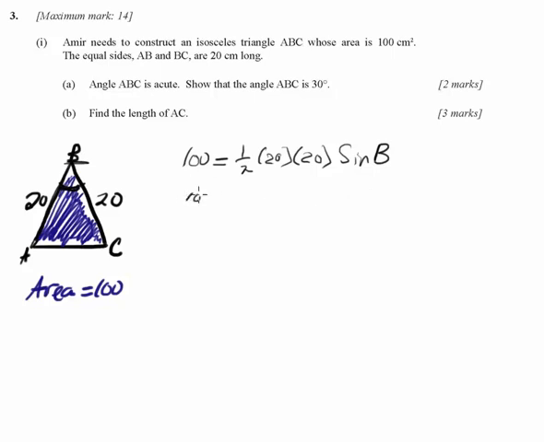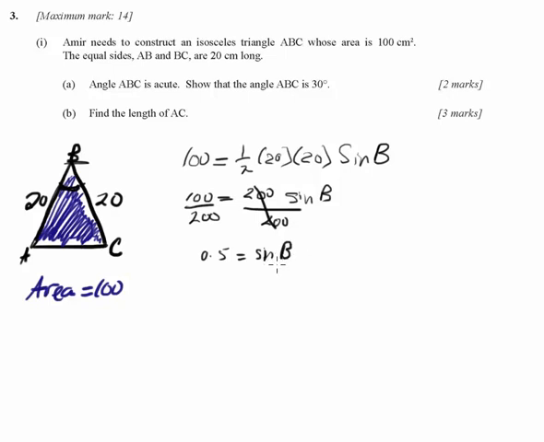So 100 equals 1/2 times 20, that's 10, 10 times 20, that's 200, sine of B. Then we want sine B all by itself, so real quick, we're just going to divide by 200, dividing cancels out the multiplying. 100 over 200 is 1/2, or 0.5 equals the sine of B.